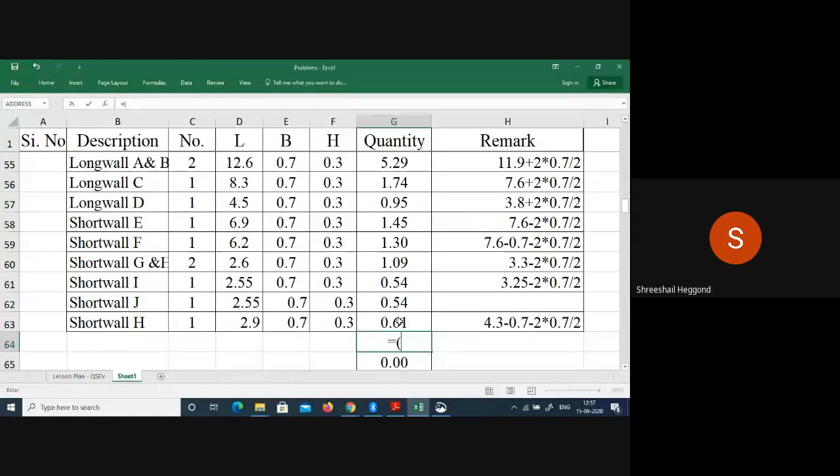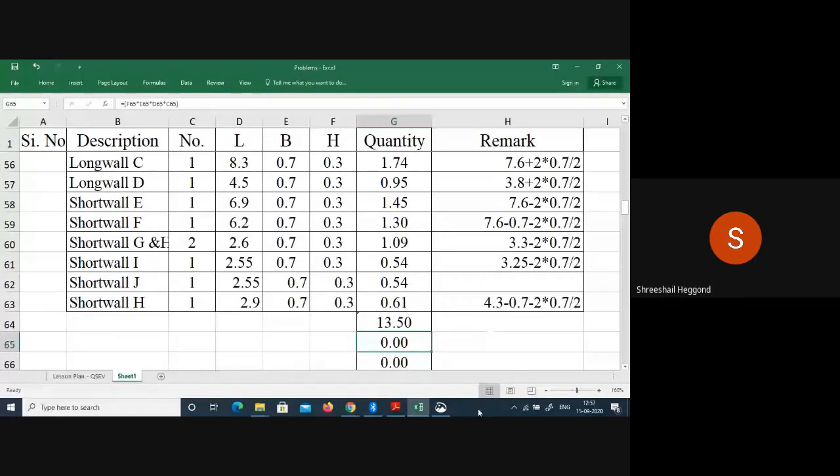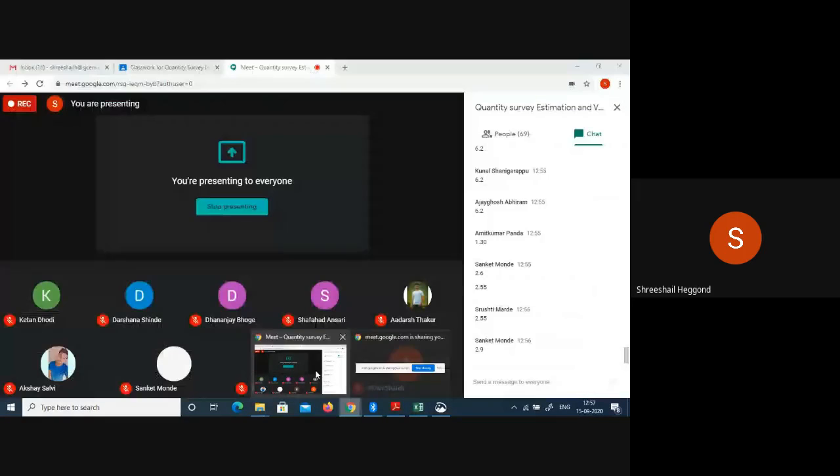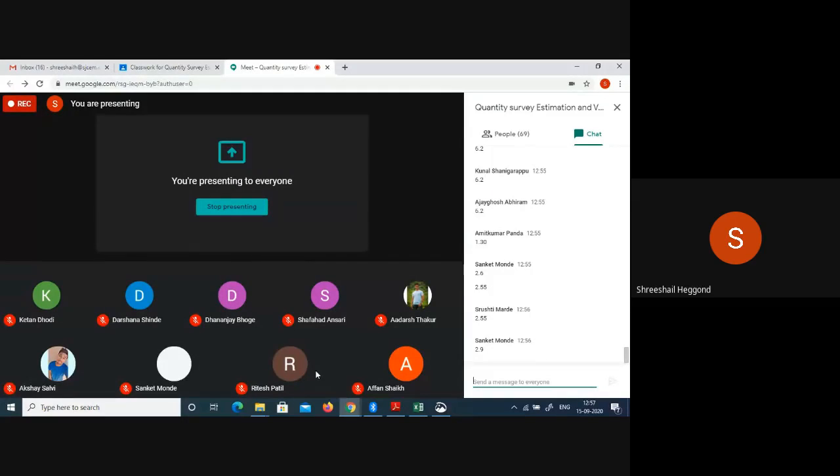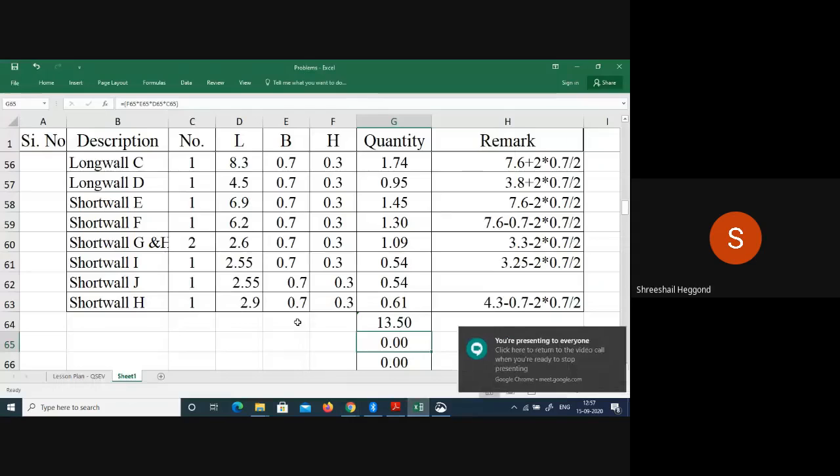And now the total quantity of first footing. You'll be getting 13.5, which was the same as your previous case. First footing. Now we'll be calculating for second footing.